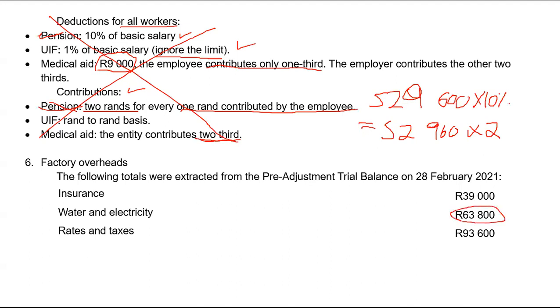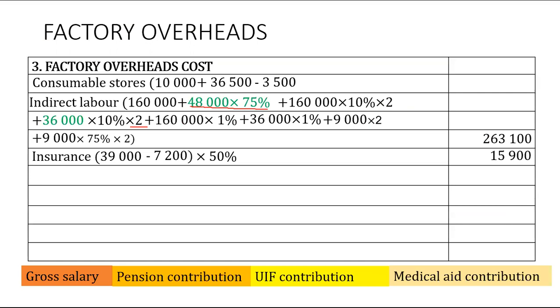So we need to include it because it represents water and electricity expense that was incurred. So you adjust by taking 63,800 and then add the 5,800.